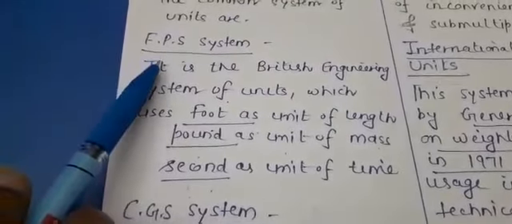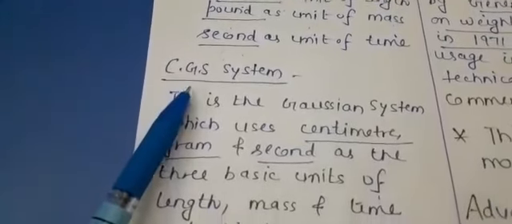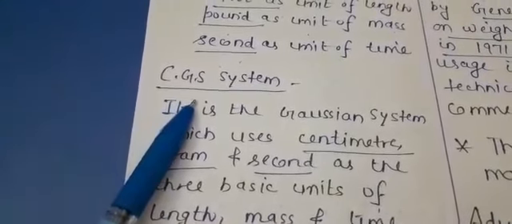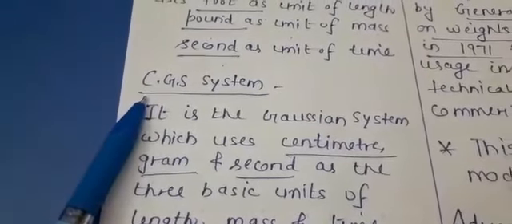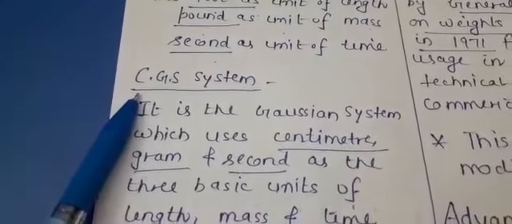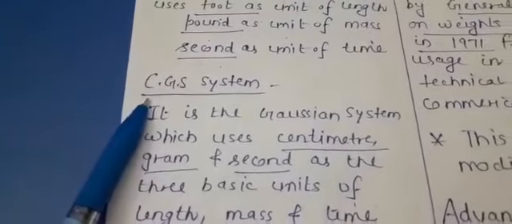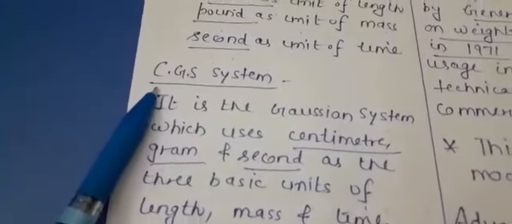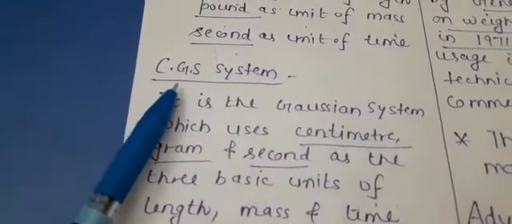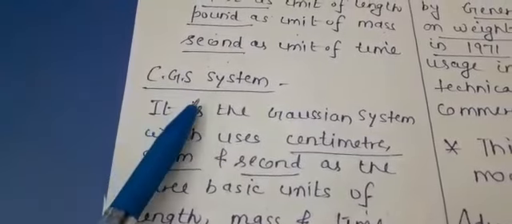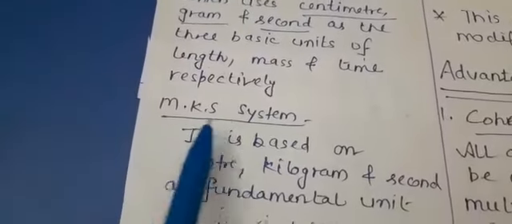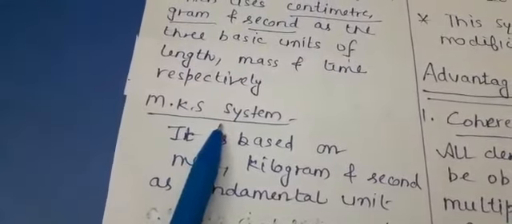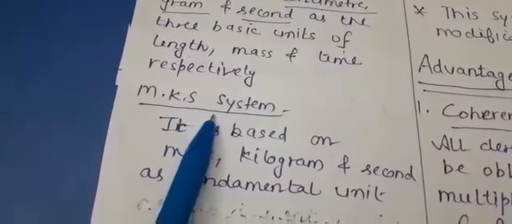Whereas the CGS system is used, and here suppose we relate 1 centimeter and meter, then 1 meter is 100 centimeter and 1 centimeter is 1 by 100 meter. Similarly, there can be conversion for gram, and second is the same. Whereas the MKS system, meter, kilogram, second, is the common system which we usually take.